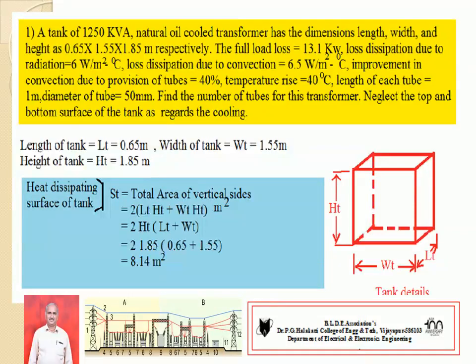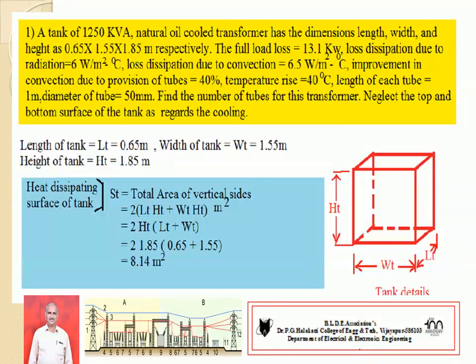Already we know that loss dissipation due to radiation, the standard value itself, is 6 watts per meter square degree centigrade, and convection is also 6.5 watts per meter square degree centigrade. One change we can observe in this problem: in our derivation we took a 35% increase in area due to convection by using the cooling tubes.